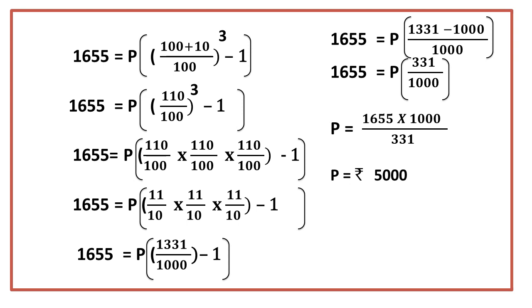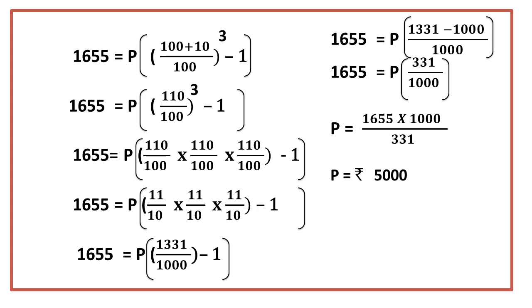And in the next step, 110 by 100 to the power 3 is expanded. That is, P into 110 by 100 into 110 by 100 into 110 by 100. After simplification, it leads to 1331 by 1000. Now we have minus 1. So again take the LCM.